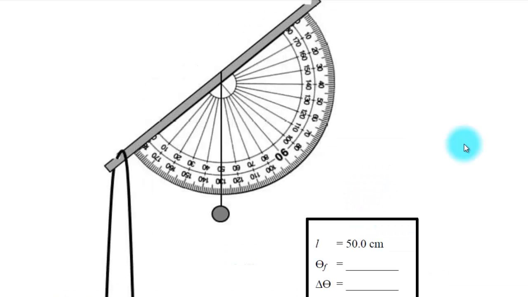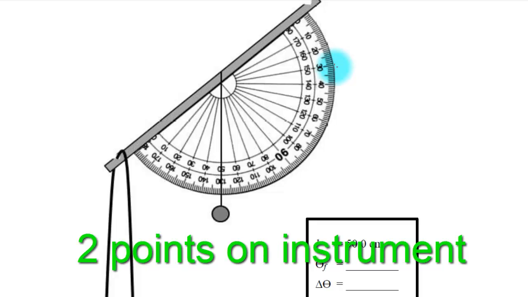Okay, now do you need to write the decimal place or not? To figure that out, one way is to look at two points on the instrument. Just like this, let's say 30 and 20.